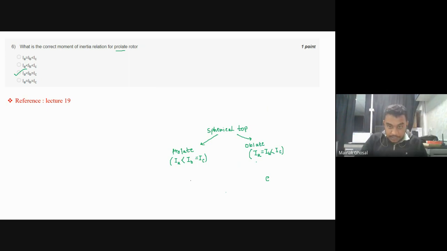So suppose I am taking the example of an oblate molecule so that you can understand, suppose methyl chloride. And for the case of the prolate molecule, I have shown the example of CHBr3, bromoform.